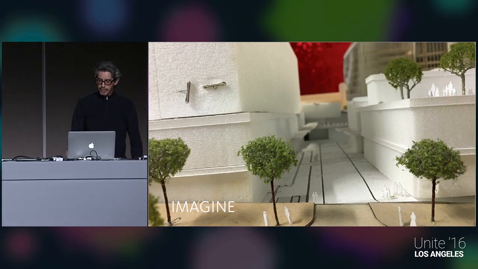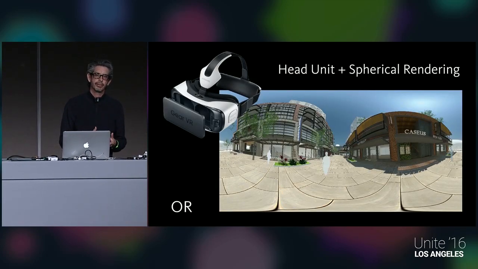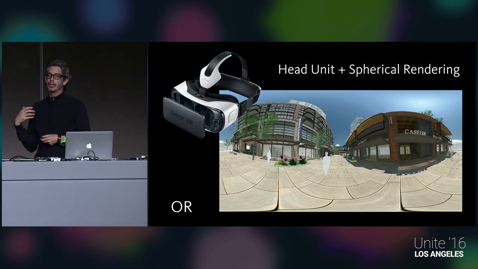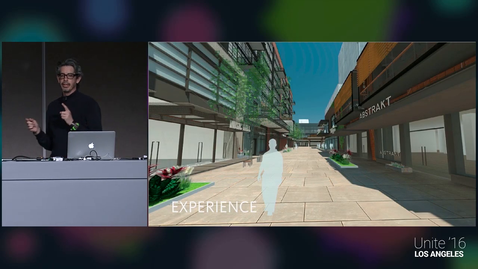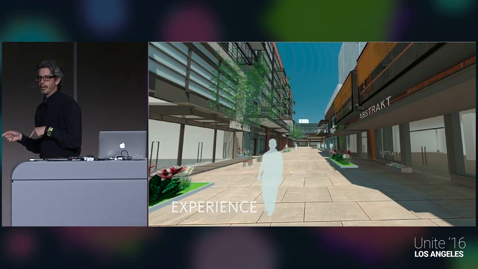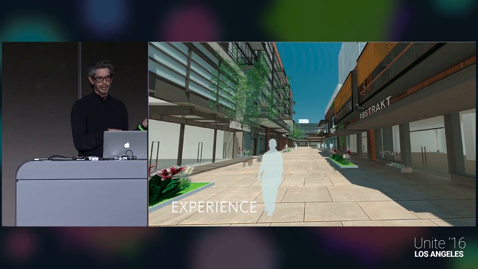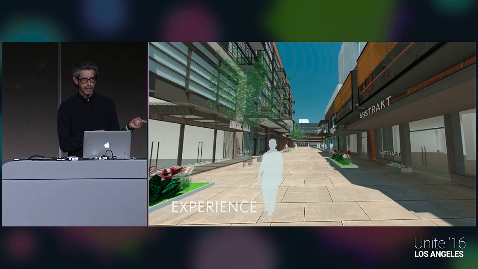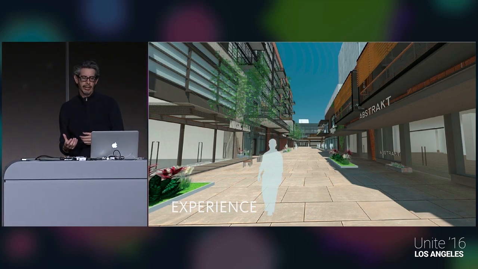That all changed a couple of years ago when we were able to just take a device and take a really simple spherical rendering and actually put them in that space and allow them to look around and accomplish way more than we could have with this model that we would traditionally drop on their desk, and give them way more understanding.